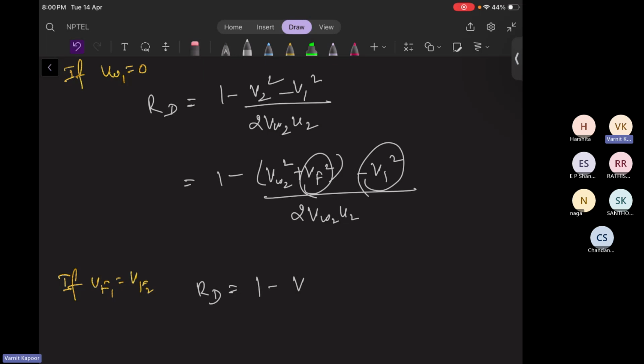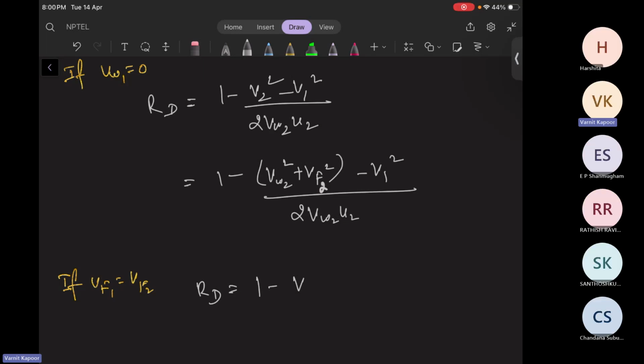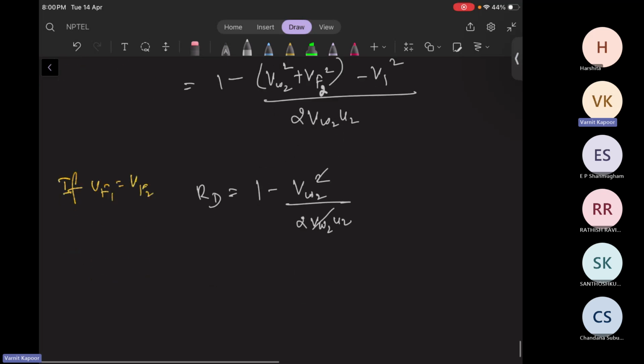What I mean here is that at inlet and outlet, my VF1 and VF2 are equal, and the whirl component is 0 at the inlet. So V1 and VF2 will be equal, and we are left with VW2 square by 2 VW2 U2. So 1 and 1 cancel out, and we are left with 1 minus VW2 by 2 times U2.